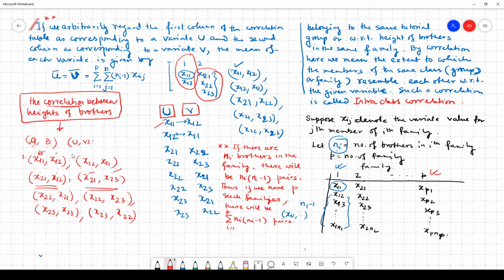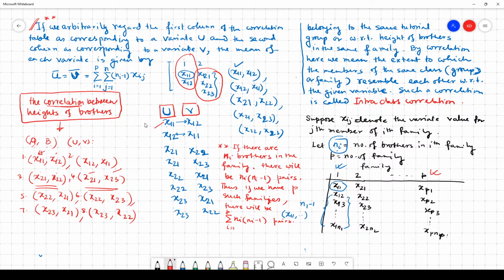For this particular example, where we consider only two families, and family 1 contains only two brothers and family 2 contains only three brothers, the total number of pairs is 8.